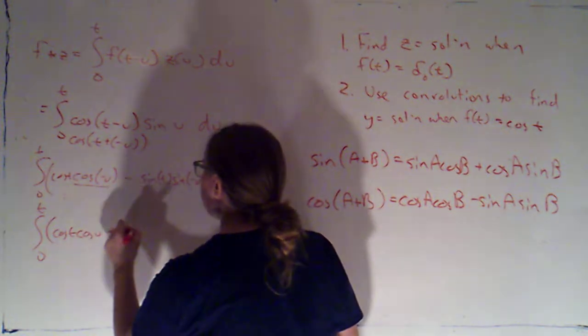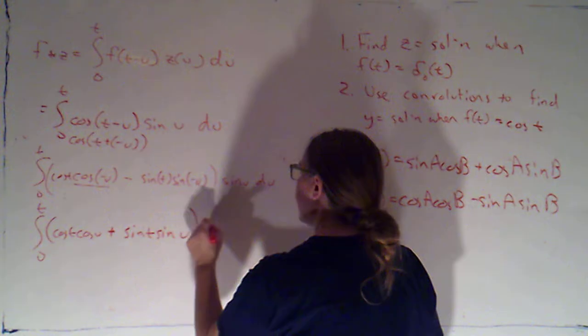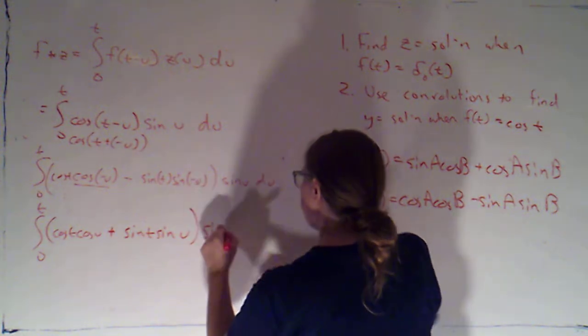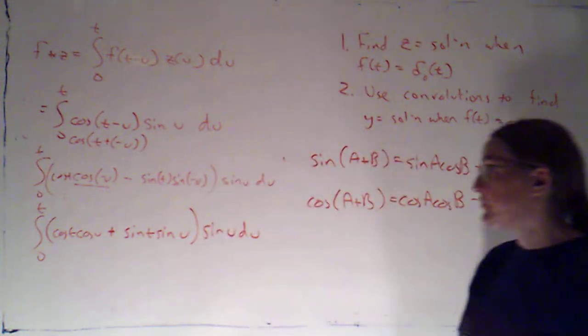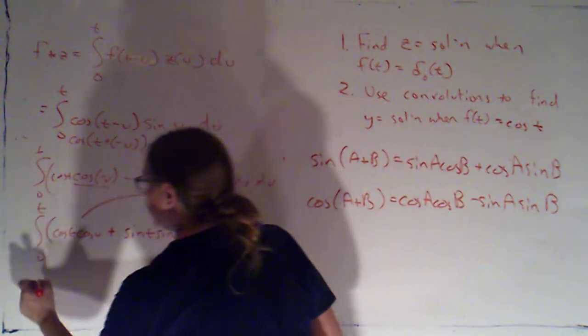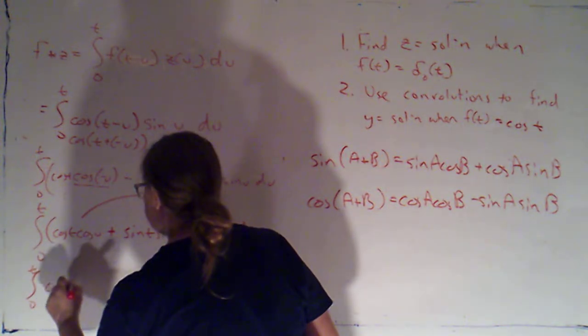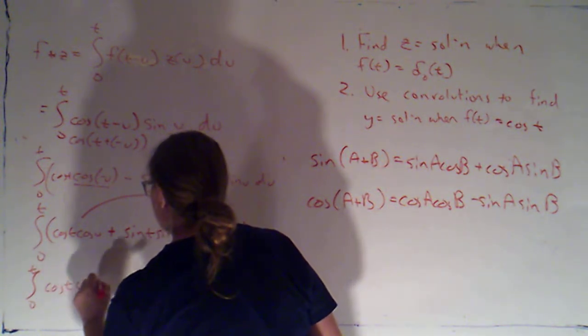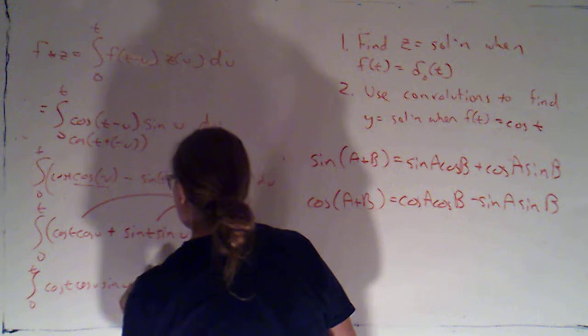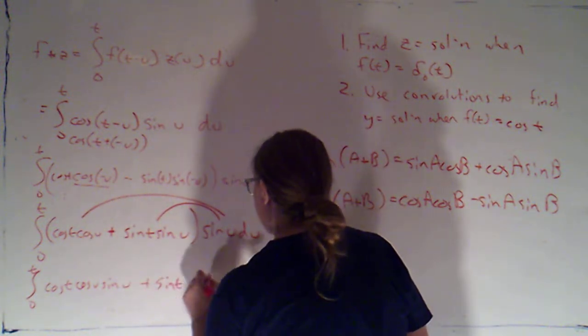That becomes positive sine t sine u. And all of that is times sine u du. So now I can distribute this sine u. So we've got the integral from 0 to t, cosine t, cosine u, sine u, plus sine t, sine squared u, du.